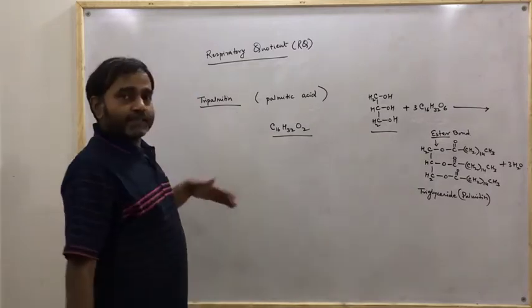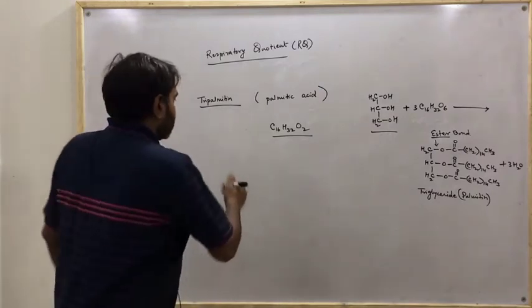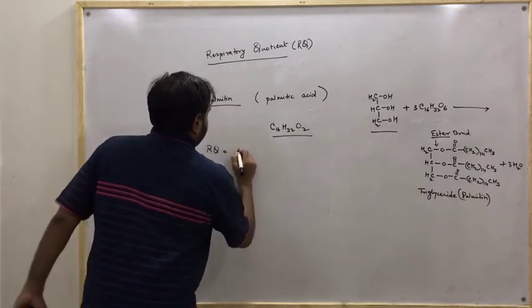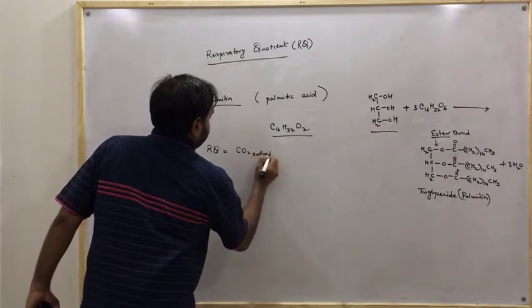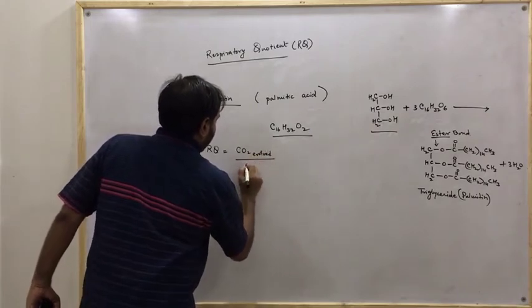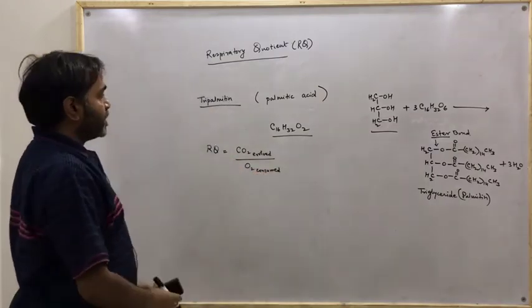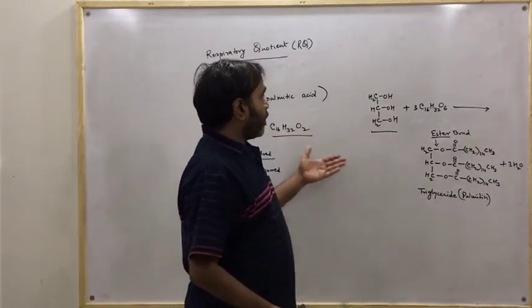So we need to calculate that thing, and that particular ratio is called respiratory coefficient. In short, it can be given by CO2 evolved by O2 consumed. So this is respiratory coefficient, and here we need to calculate the respiratory coefficient for fat.